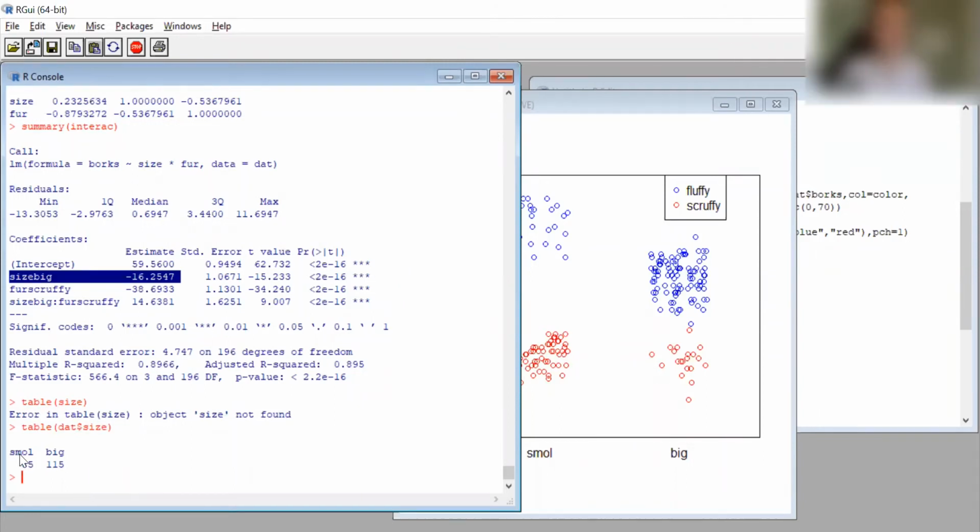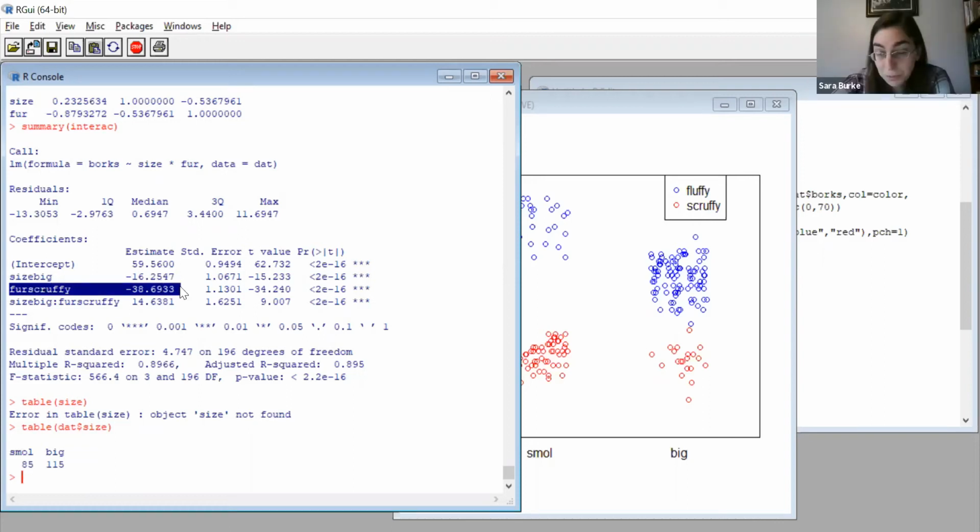Wait, sorry, could you say that again? How is fluffy part of it? This is the difference between big and small in the fluffy category. Or you could say big fluffy dogs are barking 16 times fewer than small fluffy dogs. Okay. And then the scruffy, the fur category, is scruffy dogs in the small category?